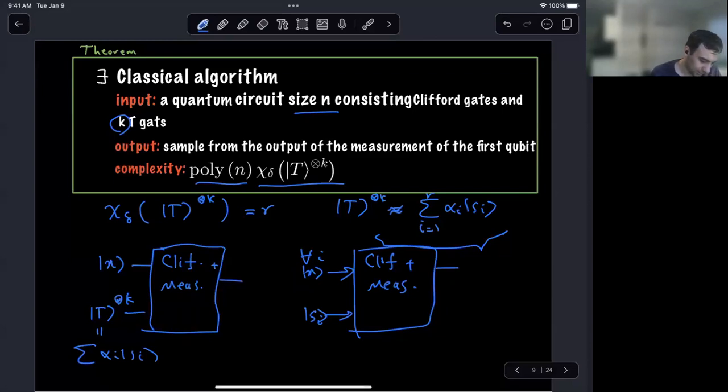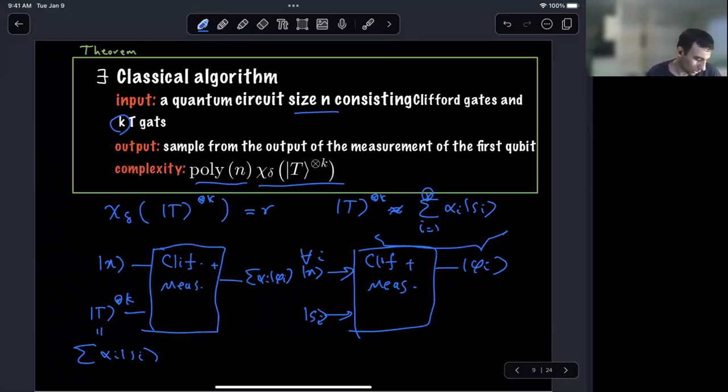So I can simulate any quantum circuit, just the cost of the simulation depends on this number r, the number of stabilizer terms that I need in the decomposition of T to the k.